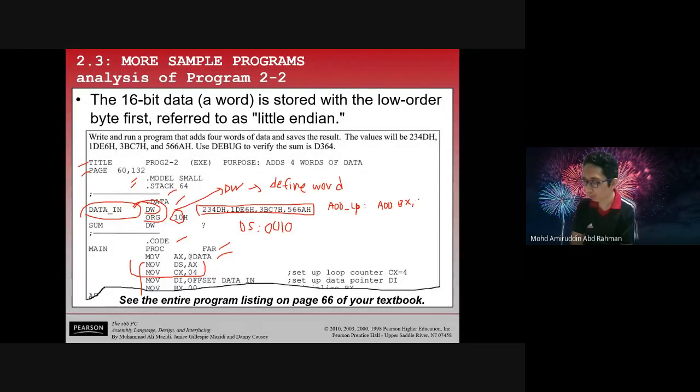So we add DI into the BX. Okay, and then we increment that DI, which is data in. So we increment that to point to the next word.